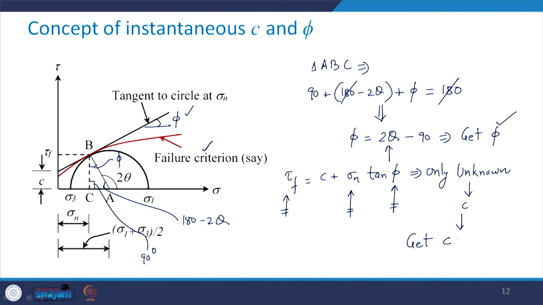Now, this shear strength characteristic, which is called the instantaneous C and phi, will represent the characteristic of the rock the same as it would have been if this was following a straight line failure criterion.